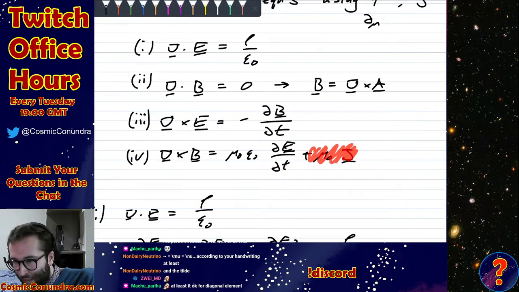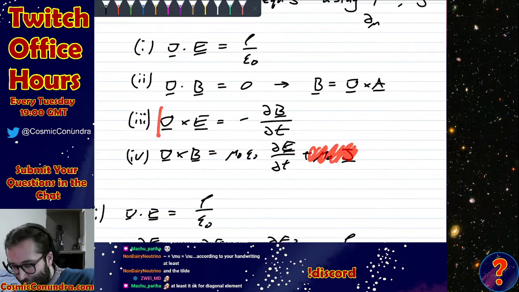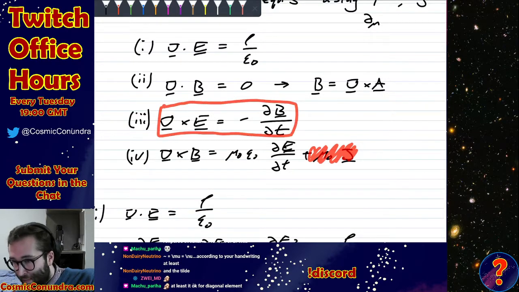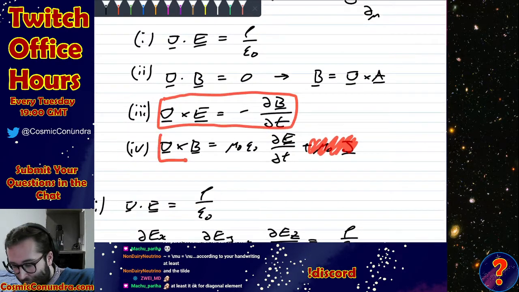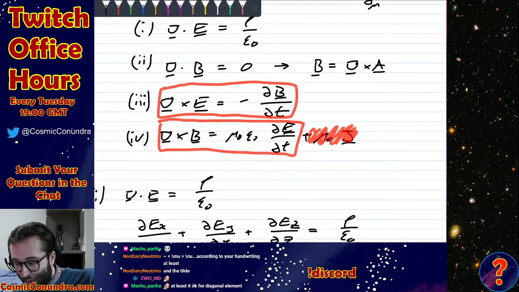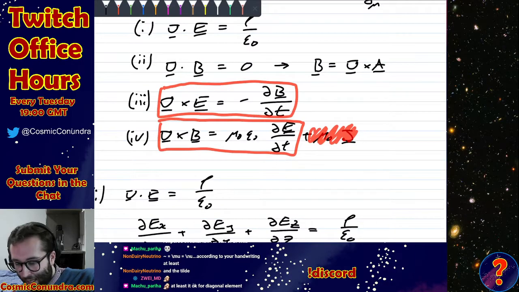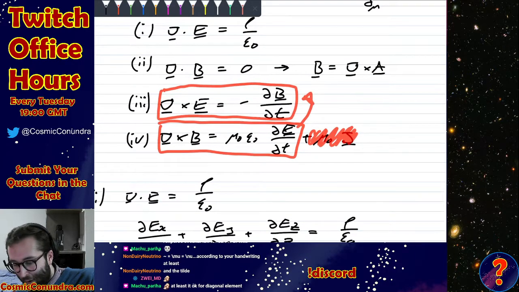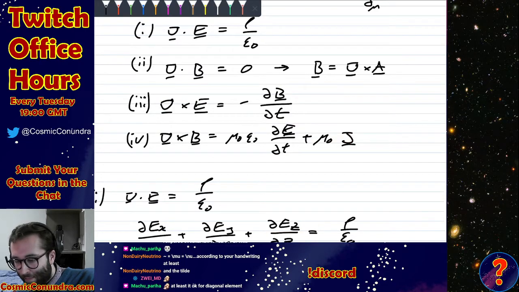Do you see what I mean? Here you've got curl of E proportional to minus B, and here curl of B proportional to minus E. But if you swap B out for minus E and minus E out for B, you basically get this same equation up here. There's a kind of natural duality to them if you swap E and B.